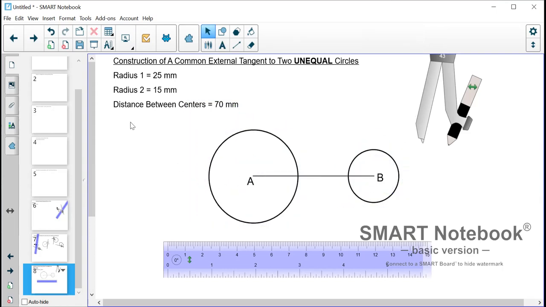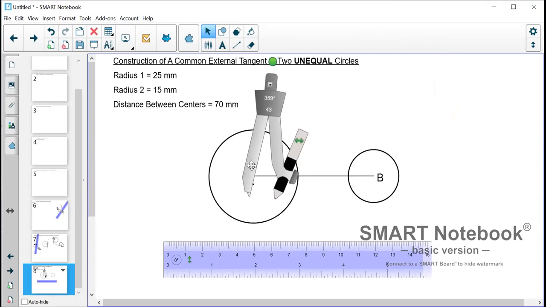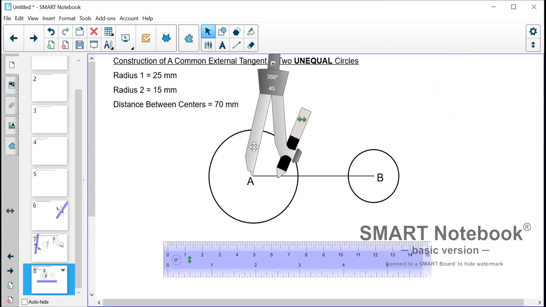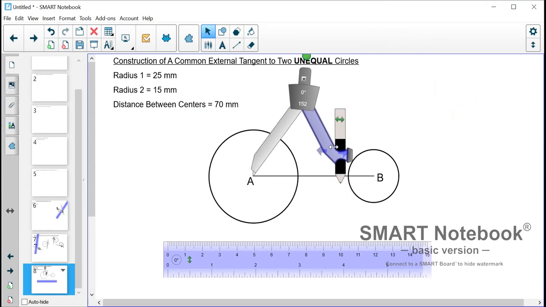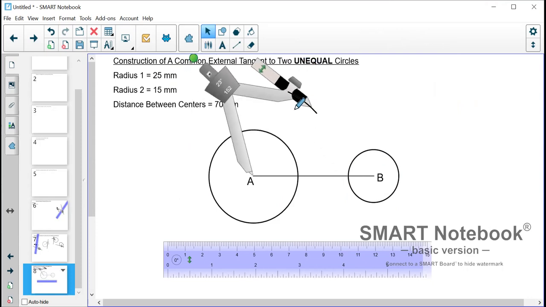Good. Now, the next thing we do is find the center of the distance, which is 70. In doing that, we bisect the line. It simply means that we find the center of that line. That should be simple for you.